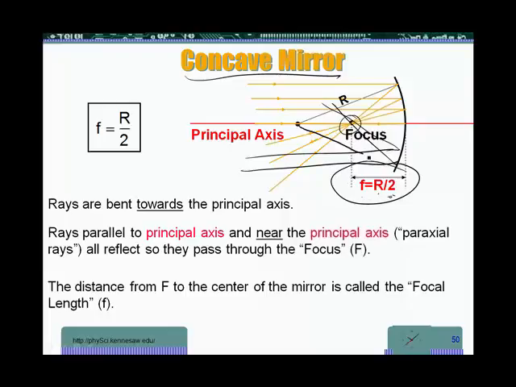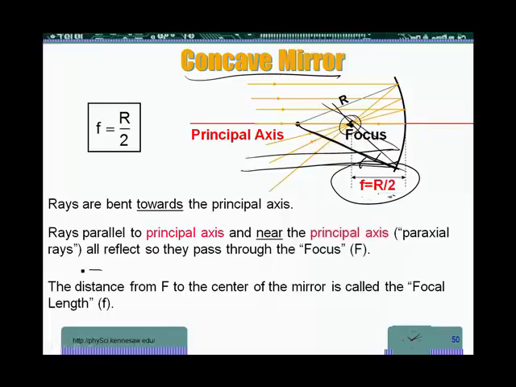The perpendicular to the mirror is the radius. So it's going to be passing through the center there. Now, if this angle is the same as that angle, that makes this going to half the radius.